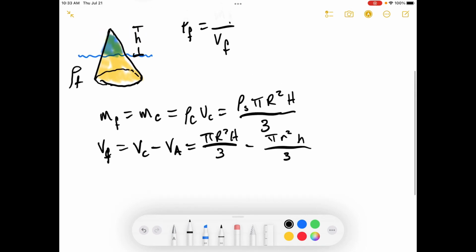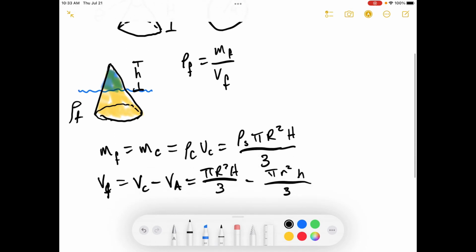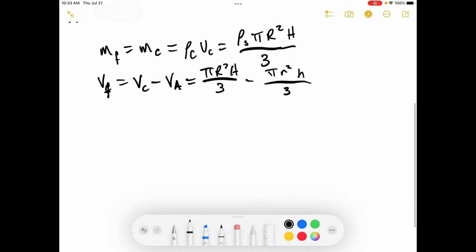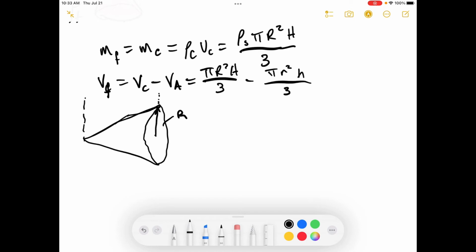All right, so one way to do this is to lay the cone on its side and examine the ratio between the height. So let's draw a sideways image of the cone here, like this. Okay. And then we've got a radius here, that's r. And then we have a height here, that's big H. It goes from here to here.